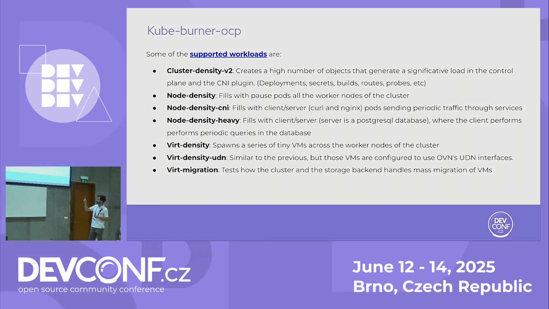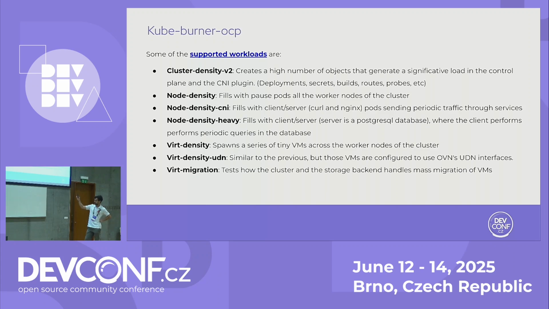Some of these workloads are cluster-density-v2, which creates a higher variety of objects to load the control plane and the CNI plugin. Node-density fills the worker nodes of the cluster with a predefined number of pods. Node-density-cni and node-density-heavy are pretty similar to node-density, but they differ regarding the pods that are actually created and how they interact between them.